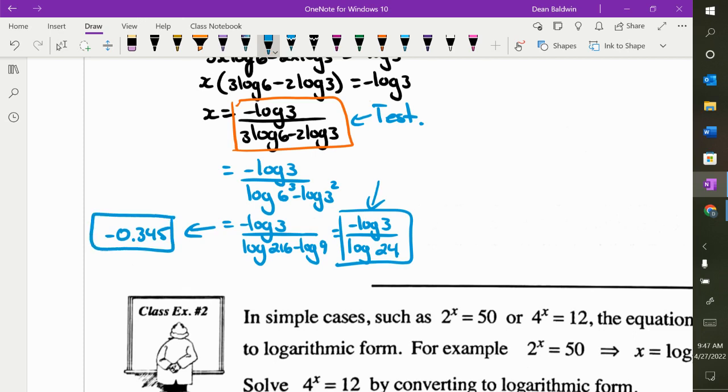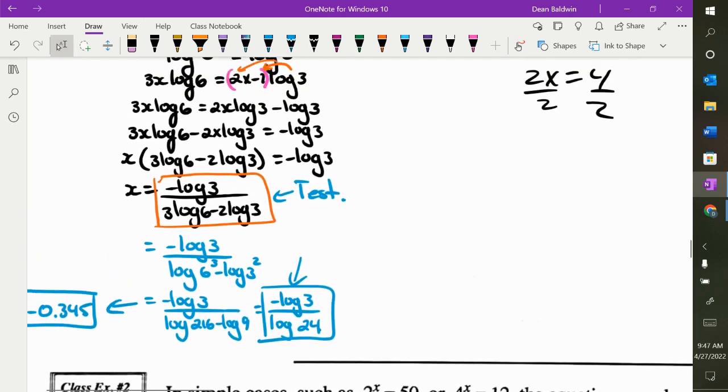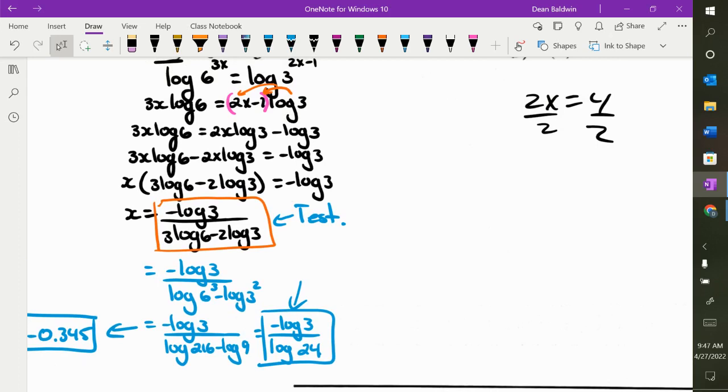Everybody else agree with that? Please practice putting it in your calculator. You will be asked to do it on a test. And if you don't give me the decimal answer when I ask for it, you'll lose a mark, even if you did everything right. Okay? That procedure is basically what we're going to do from now on for these types of questions.